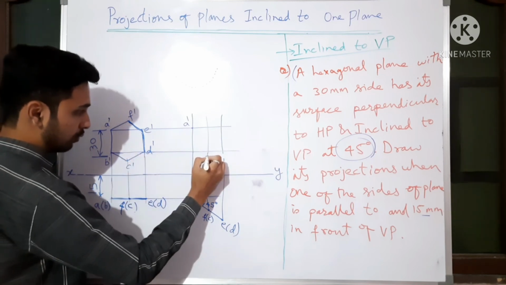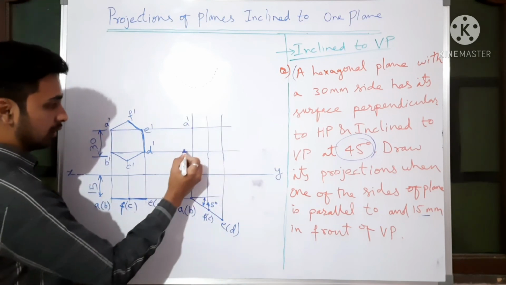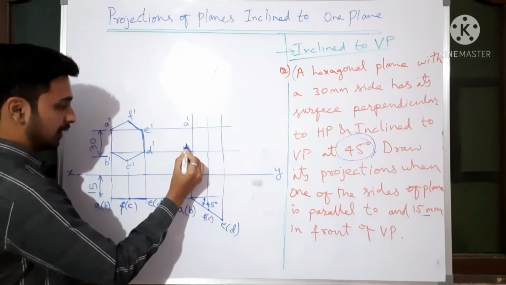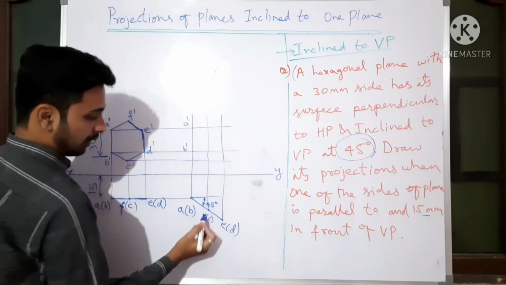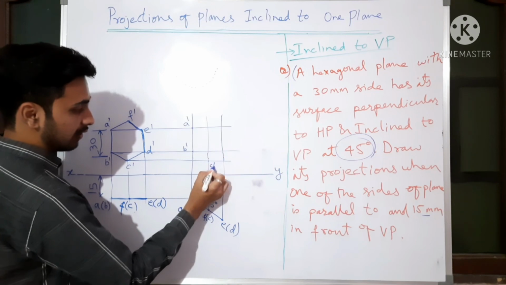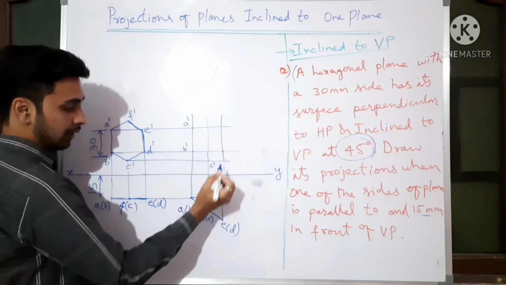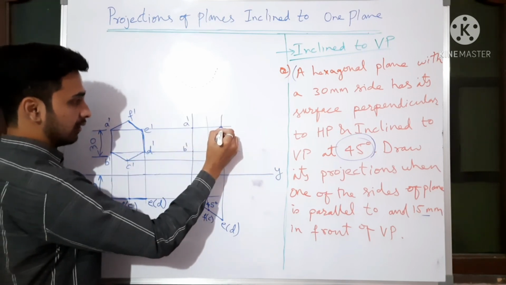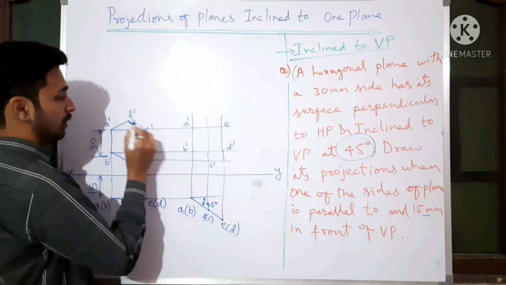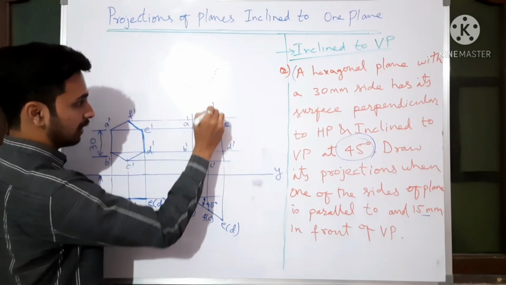So you should use a mini drafter in order to get it correct. So this is B dash. Then A dash, B dash over C dash. Let's project it here. From here C is going, so this is C dash. B dash and D dash will be in one common line. This is D dash. A and E common line. This is E dash. Now F is at the top. Just project it here. From here F comes. This is F dash. Okay.